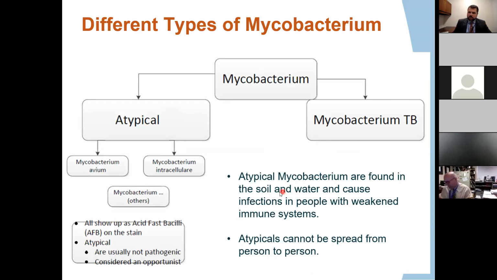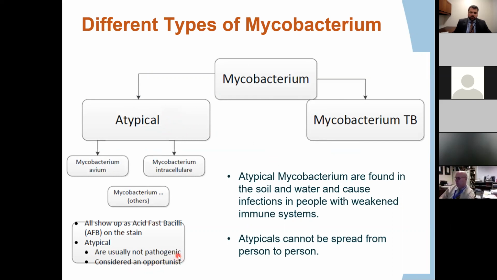And these are all over. These are in soil. This is in tap water. So if you take a shower, you're taking a shower in atypical Mycobacterium. Usually, patients that come down with atypical Mycobacterium infections are transplant patients, immunosuppressed patients, because atypical Mycobacterium is usually not pathogenic; it's considered an opportunistic infection.